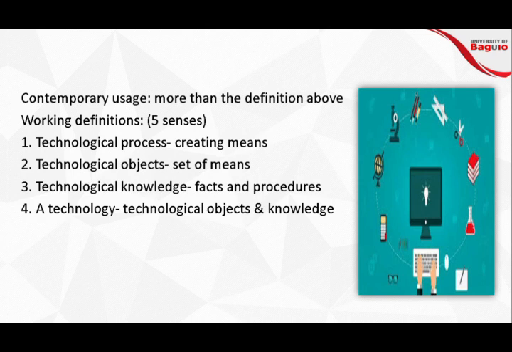So finally, aside from these four, we come up now with what we call a system. So we combine all those four, so we can say that there will be a technological system. So technological system is composed now of the technological process, the technological object, and even yung technological knowledge.